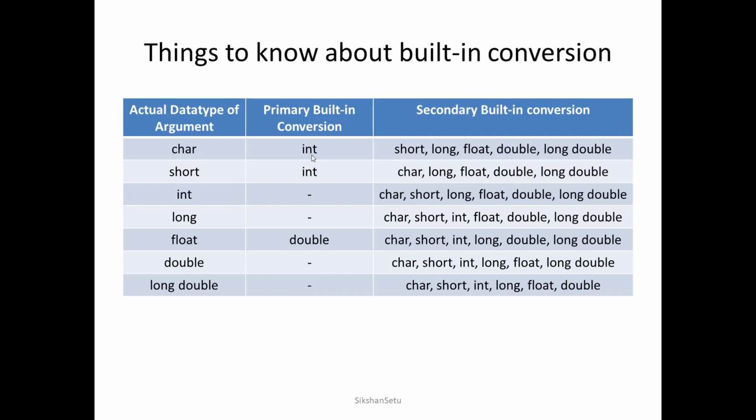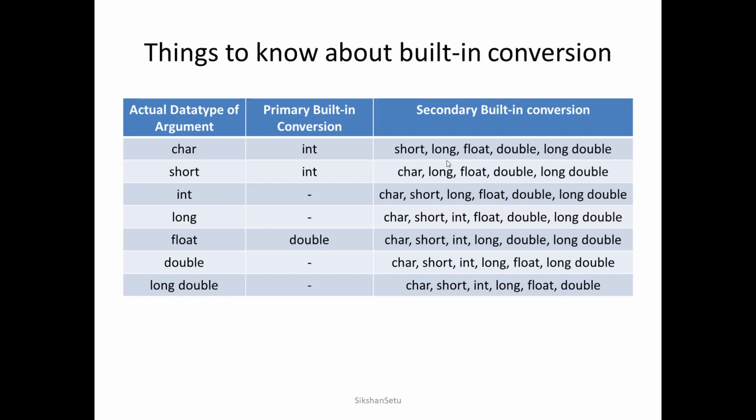But if character is not there as well as integer is not there, then the system will go for secondary built-in conversion, meaning it will try to find any of this, and if any of this is found, then that particular call will be bound with this.